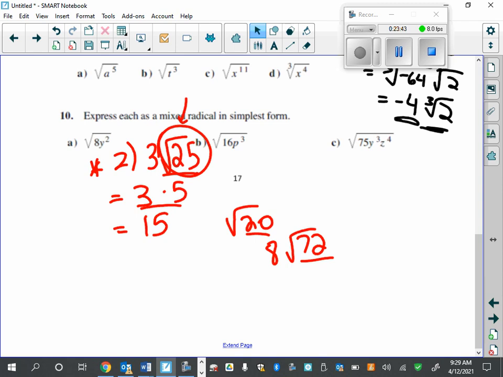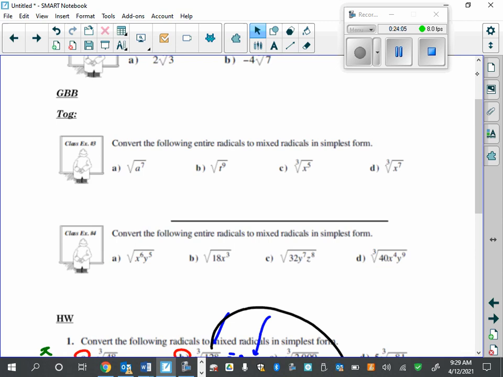So now we're going to do the entire radicals on cubic roots. Go to the top of page 17. There are 2 silly questions here on the top of this page.